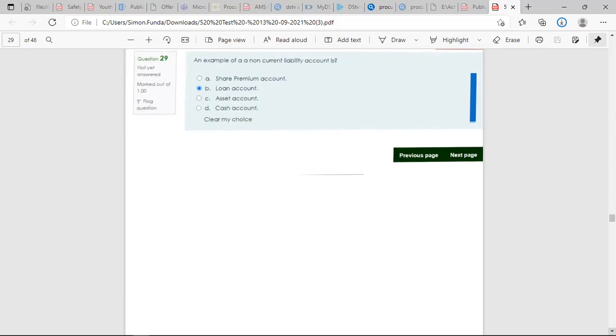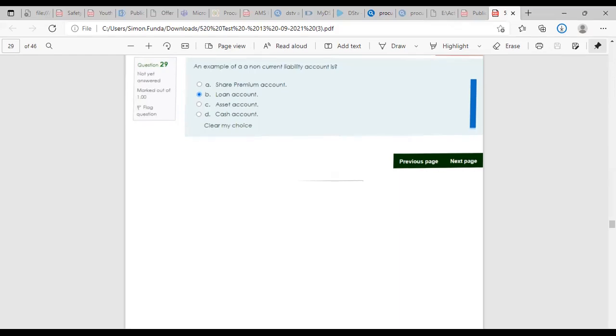A loan account, yes, a loan account is supposed to be a non-current liability. So debentures and loans are all non-current liabilities, not assets. Assets are assets and not liabilities. Cash account, no. So this one is straightforward.